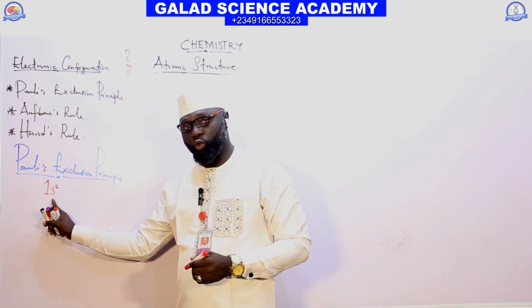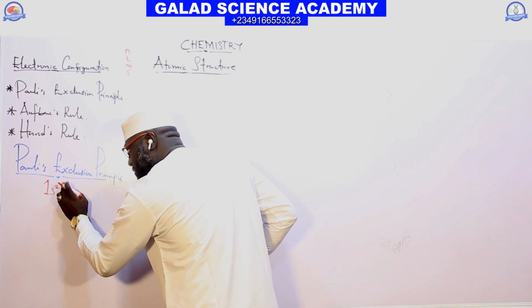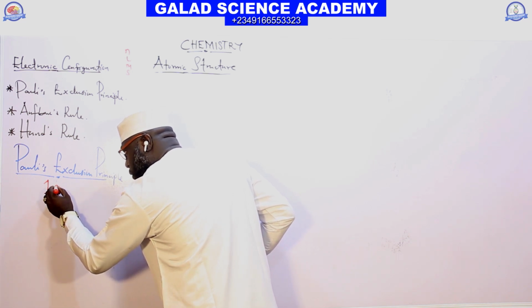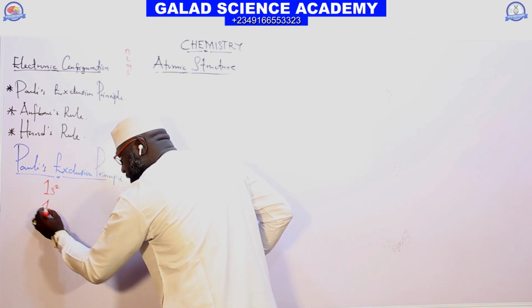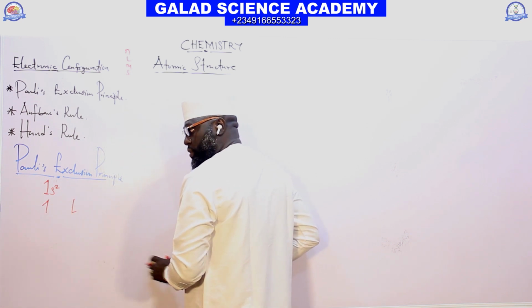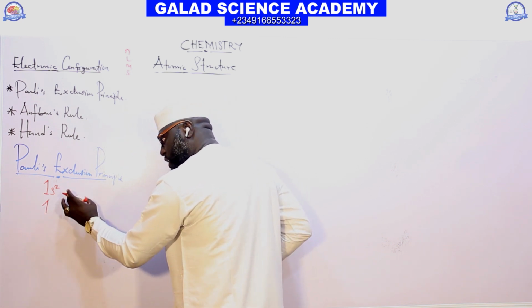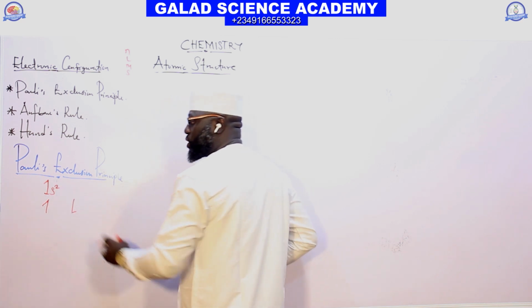Look at this 1s2. The electrons we have here, there are two. We have two electrons here. This is the first electron, and this is the second electron. Both of them you can find inside the s orbital.